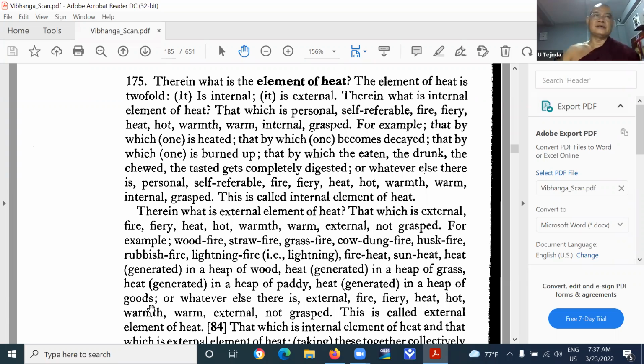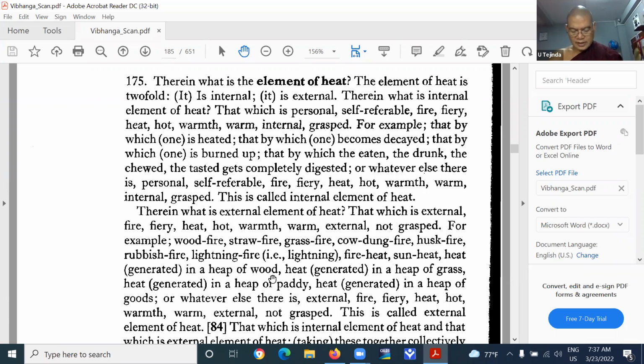So any other heat, any fire, any heat, not only fire, the heat that comes from the fire or any warm, any external heat that does not exist in our body. Any fire, any warm, any hot, any heat that is outside our body is called here external heat element.